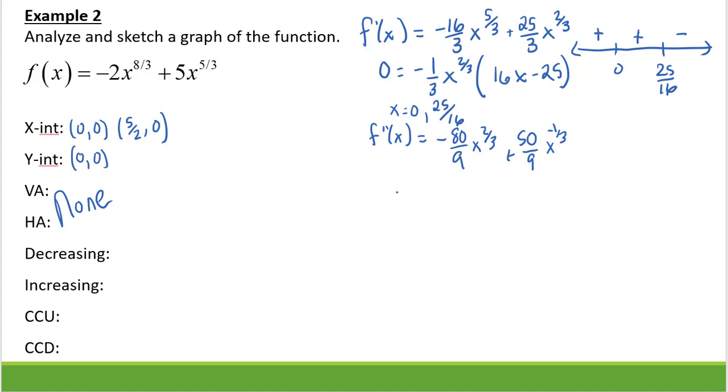So what I did is I simplified this and I got a common denominator. So I get my critical points are 0 and 5/8.